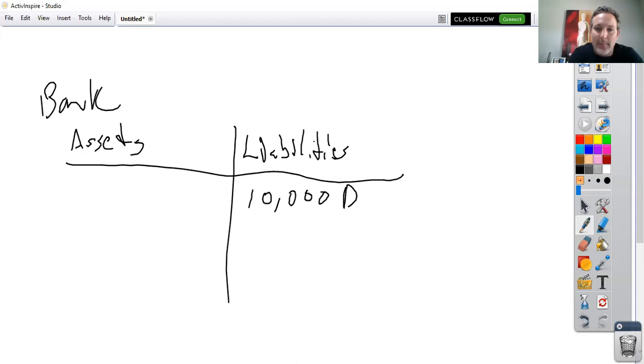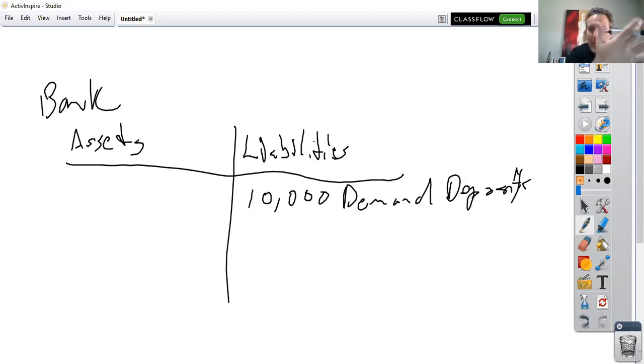They call that demand deposits. Why? Because it's available to me upon demand. If I demand my money back, they have to give it to me. So that's a liability because they owe that back to me, right? Meanwhile, they're sitting with the cash to offset that.